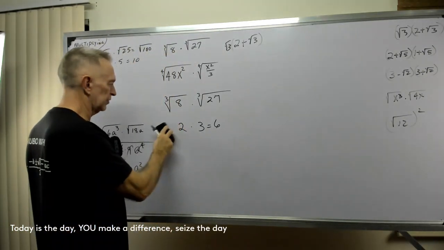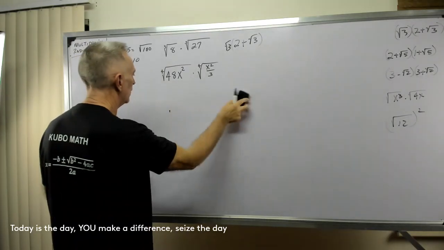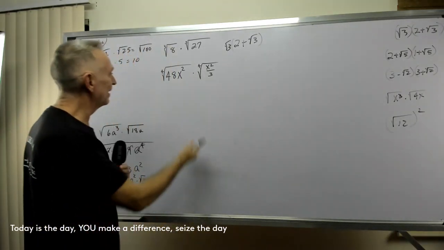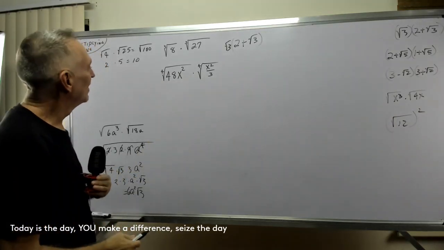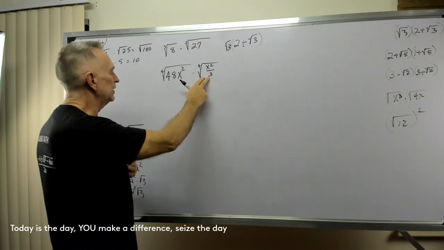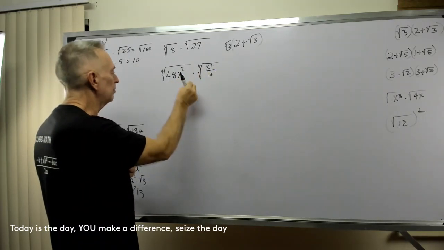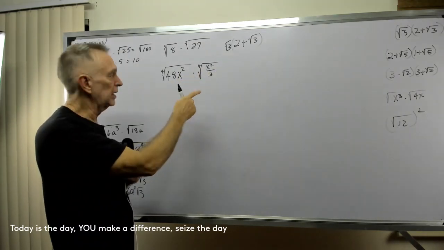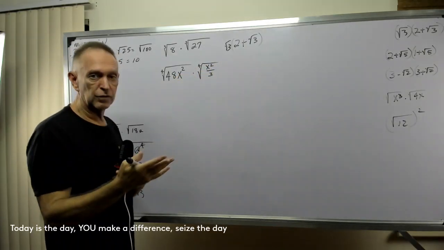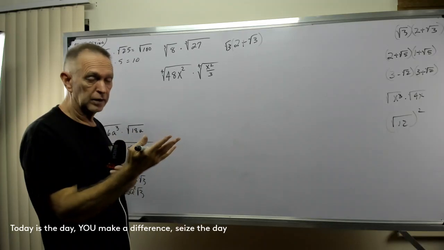You know, some of these are not so obvious. Take this one, for example. Okay, this one, I think I'm going to put these together. If I bring them back together and multiply some things, this x squared times that x squared becomes x to the fourth. So I have a perfect square.